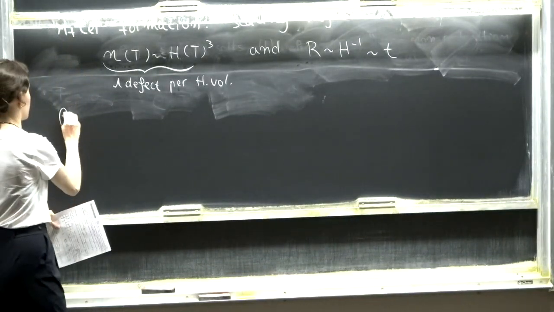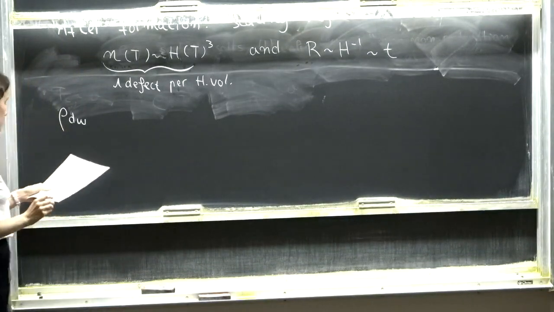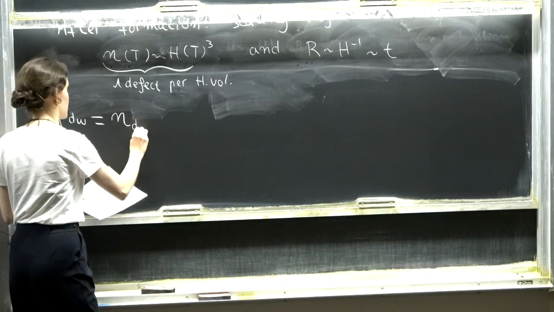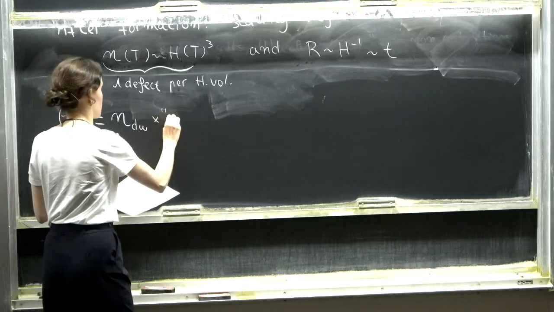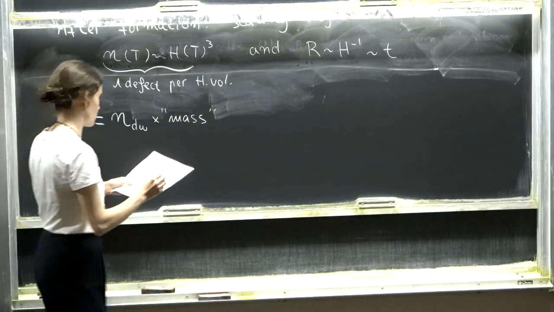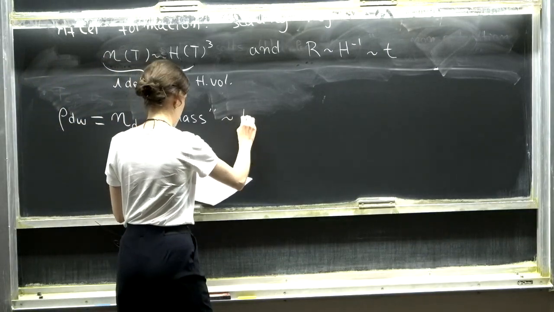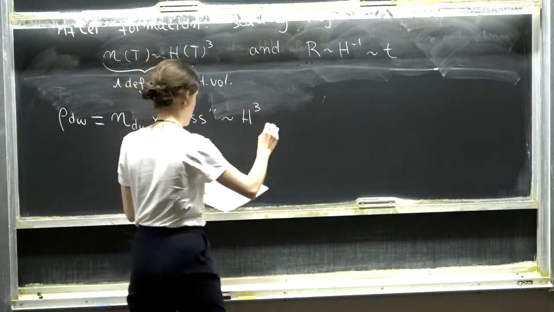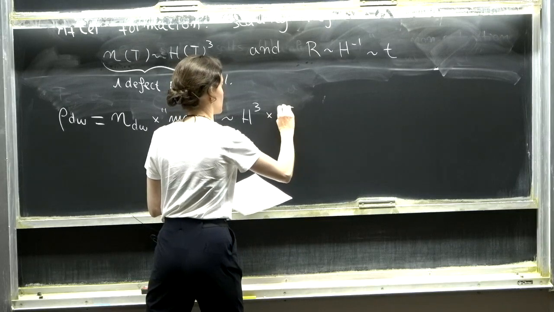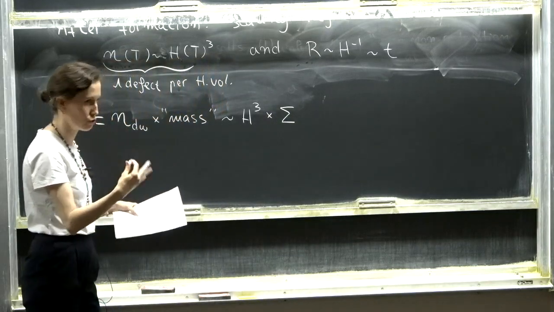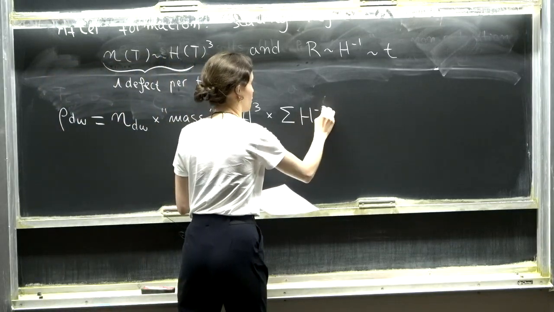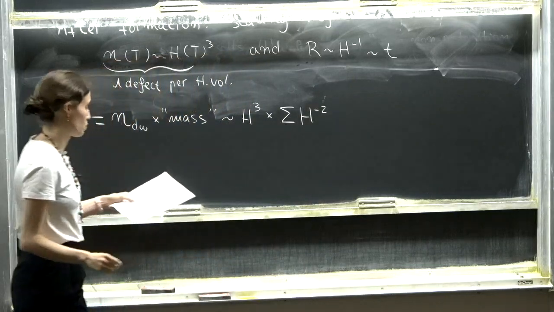The energy density in domain walls will then be given by the number density times, quote unquote, the mass of one of these guys. We've just said that number density stays as Hubble cube, and the mass is just the tension of the domain wall, sigma, which has dimensions of mass cube, times the area, which is going to be of order 1 over Hubble square.